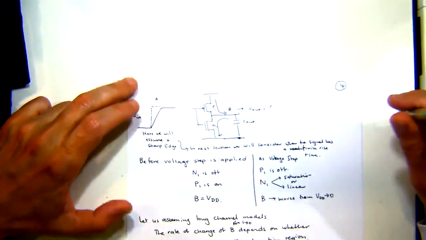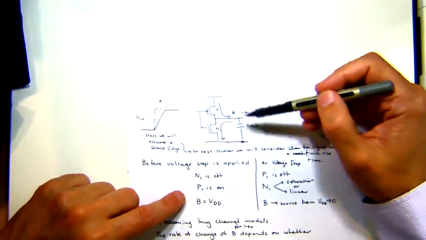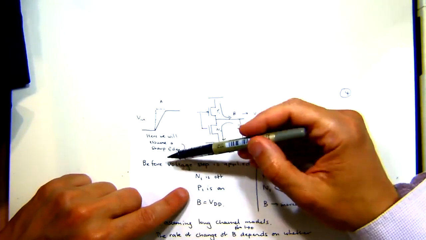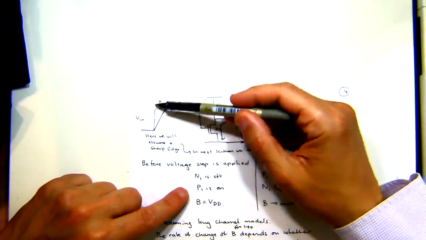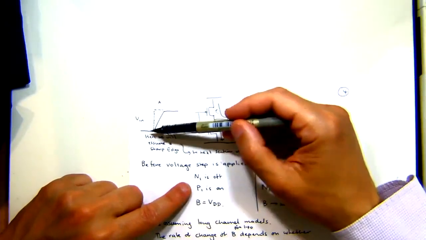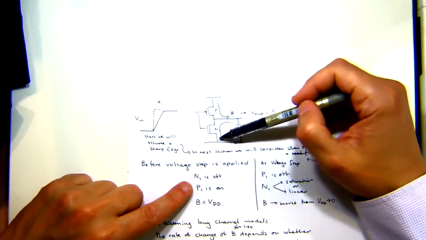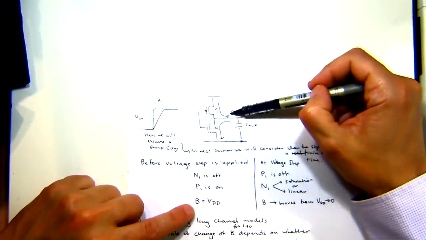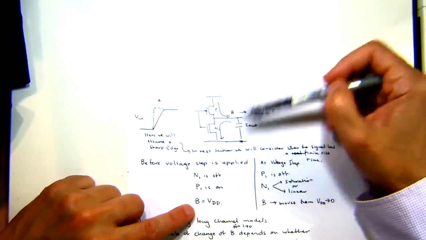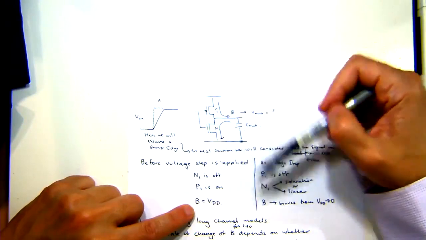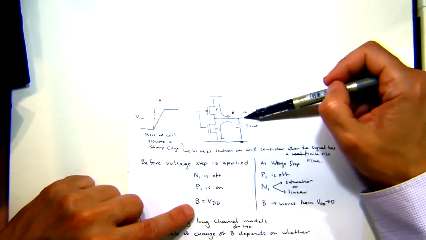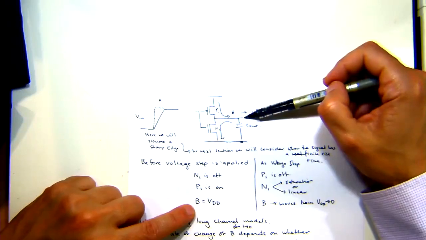So let's now look at this. When the voltage step is applied, initially we're at 0, so N1 is off, P1 is on, and B here is VDD. Let's assume this has been on for a very long time and this capacitor has been charged to the output.